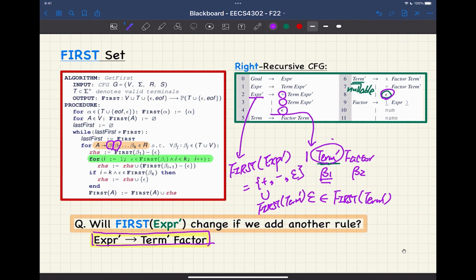And the question is, is there anything further? Indeed, because term prime over here is nullable, we should also move forward to look at factor. So we also need to collect all these as well. Okay, that's the critical point I want to show to you. Also union with the first of factor. All right, that's the main thing to show to you.